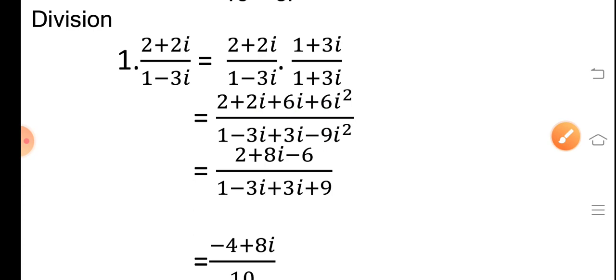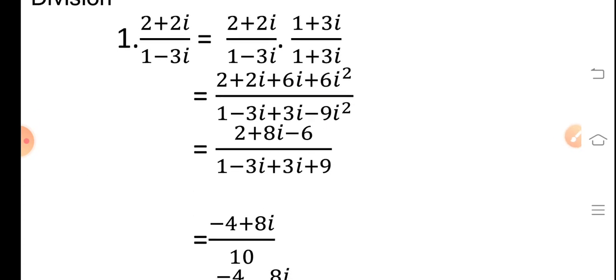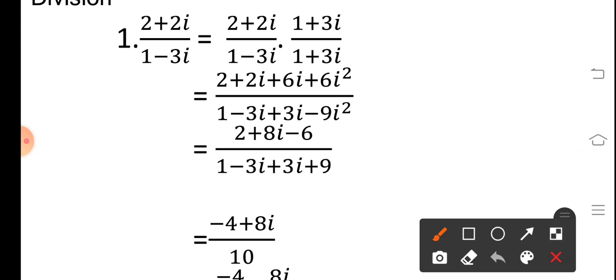So we can now combine like terms. 2 minus 6 is negative 4, then copy 8i. Then negative 3i plus 3i is 0. So what is left is 9 plus 1. 1 plus 9 is 10.